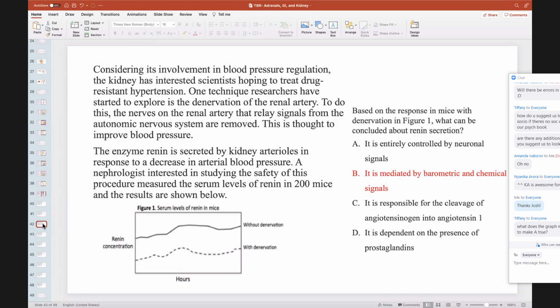So because it is still fluctuating, it's still a net increase over these hours and not at 0, you cannot say that it is entirely controlled by neuronal signals.